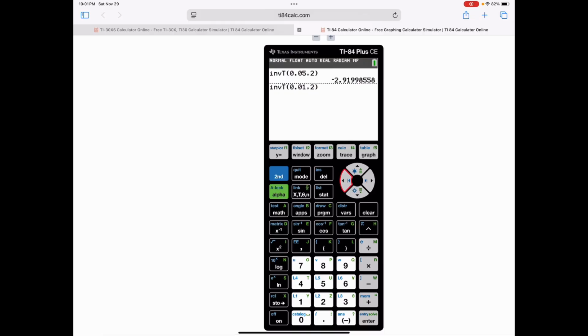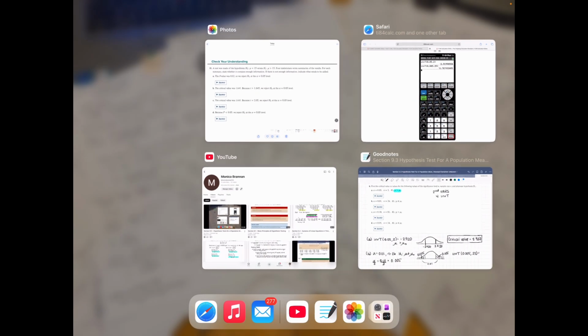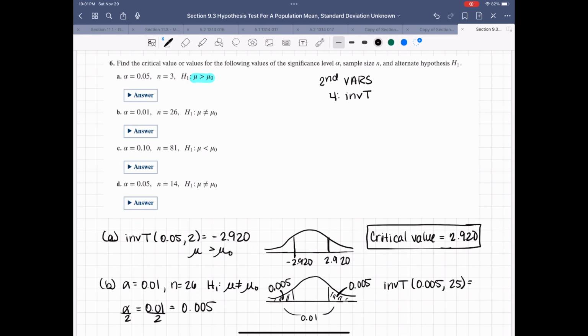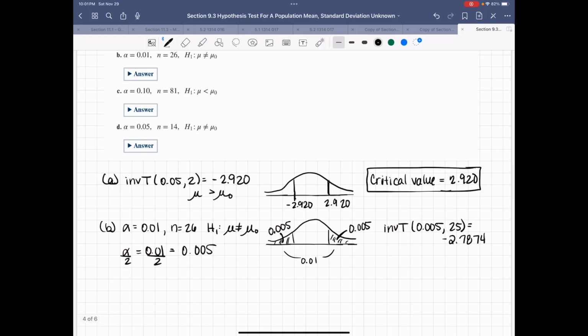I need to change this to 0.005, comma, what did we say, 25 degrees of freedom? And I get negative 2.7874. Well, that's the left critical value. That's this one, negative 2.7874.